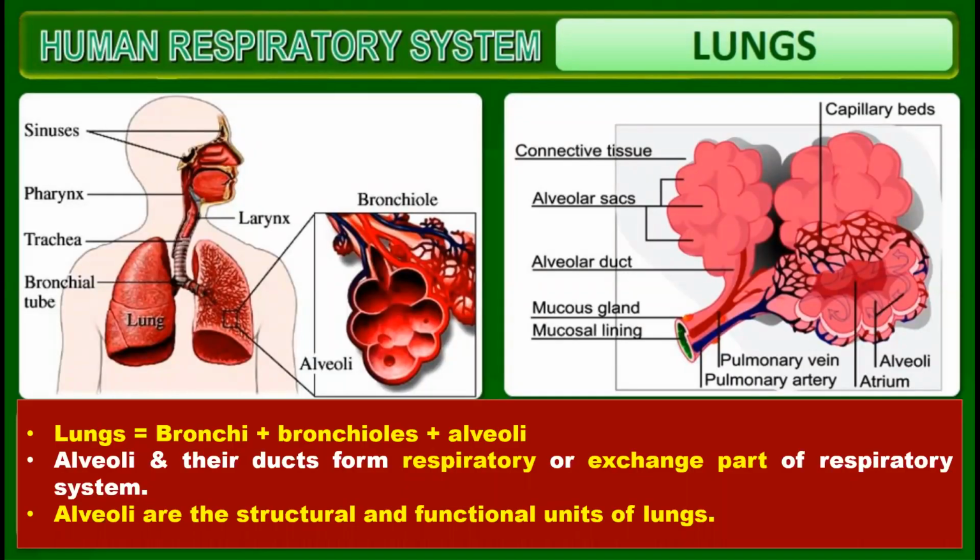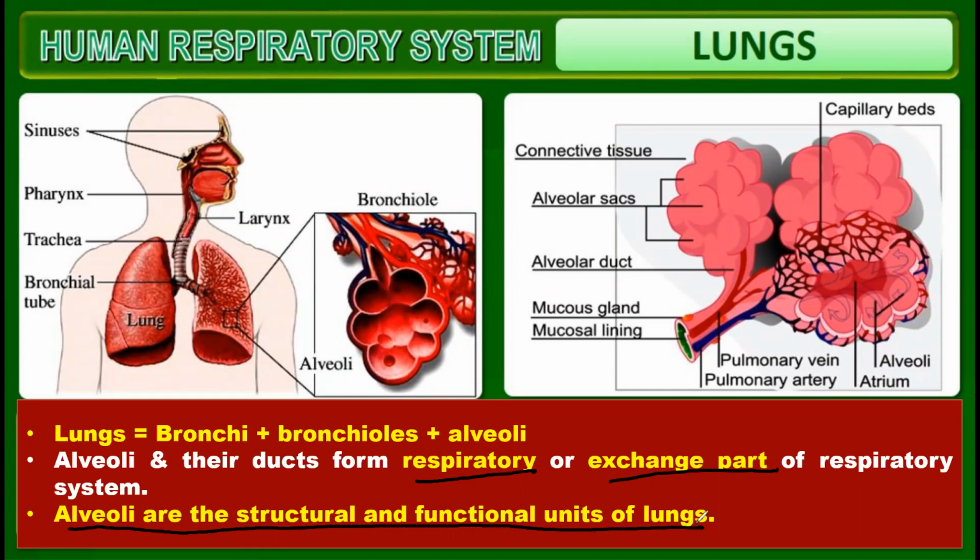Lungs are made up of bronchi plus bronchioles plus alveoli. So the lung contains bronchi, bronchioles and the alveoli. Alveoli and other ducts together form the respiratory part, also known as the exchange part of the respiratory system. Alveoli are the structural and functional unit of lungs.